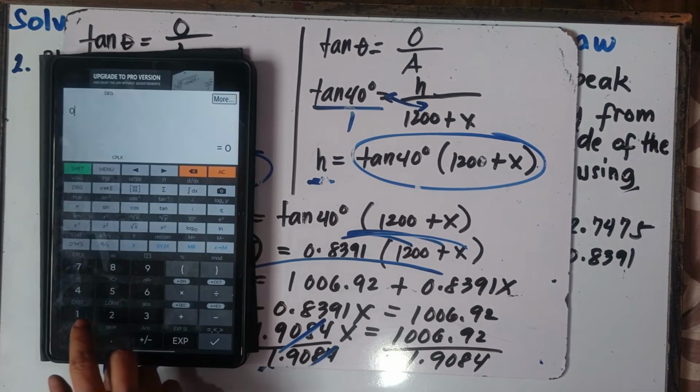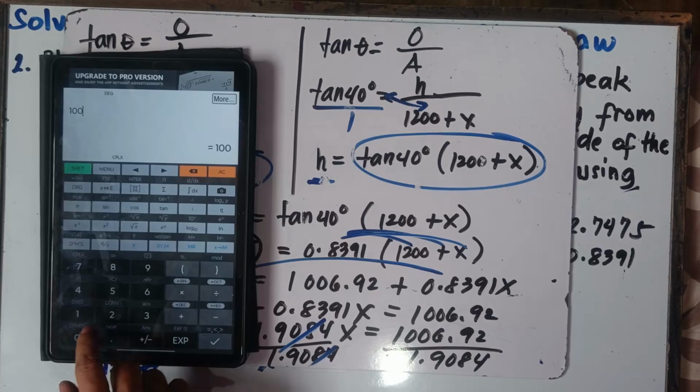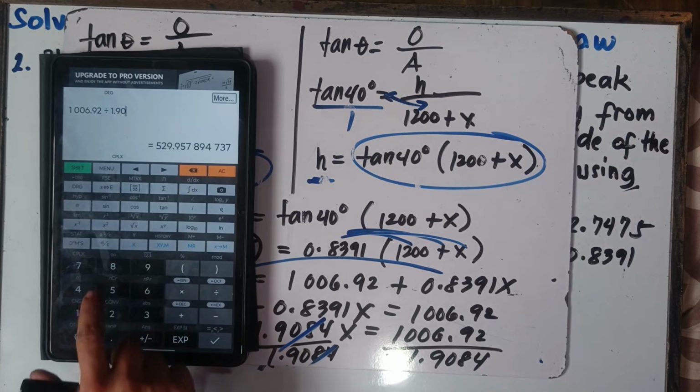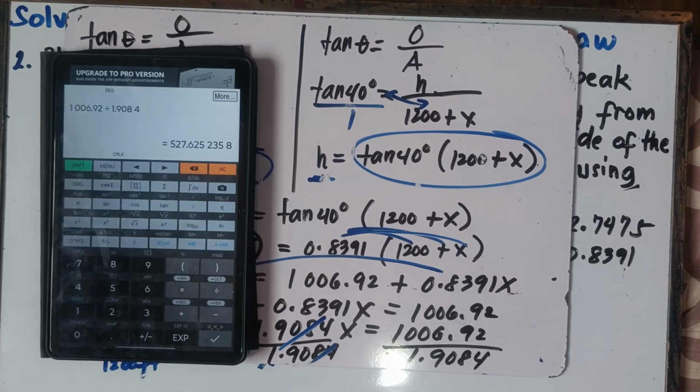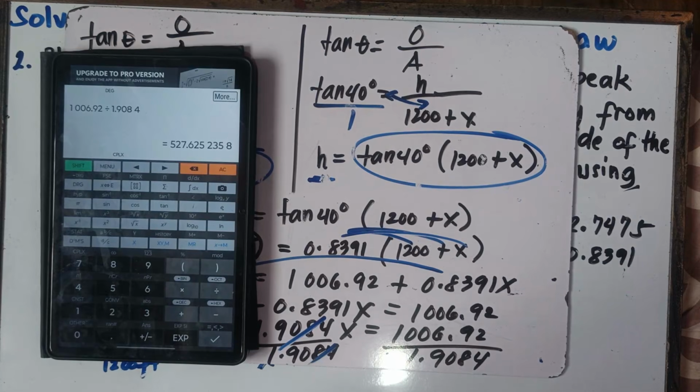So this will be 1,006.92 divided by 1.9084. The answer is 527.6252.